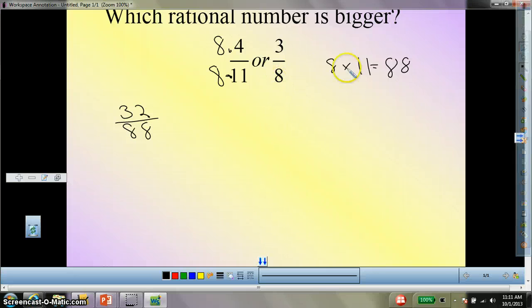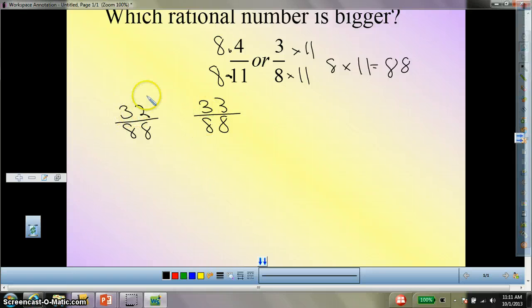In order to make 8 into 88, we're going to have to multiply it by 11. 8 times 11 is 88. 3 times 11 is 33. Our fraction becomes 33 over 88. Now it's really easy to compare these two because all we have to do is compare the numerators.